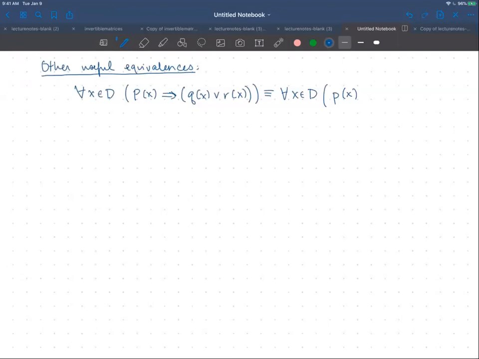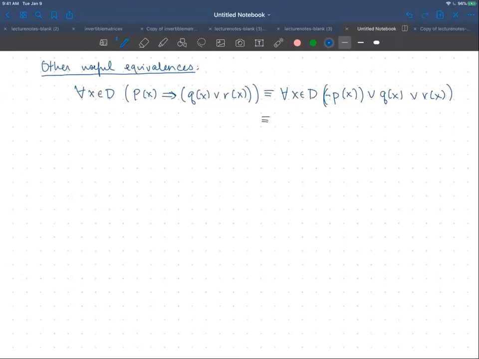I was thinking about cats, no big surprise. All right, law of implication says not p of x or q of x or r of x. So we've got now 3 ors.